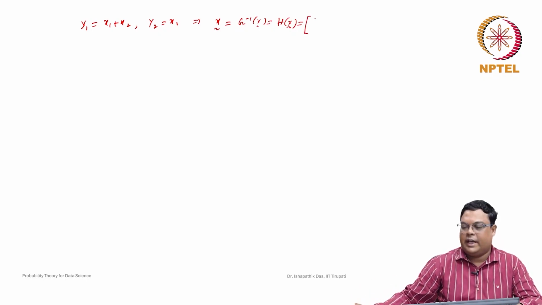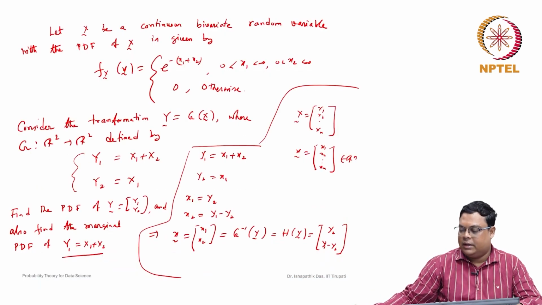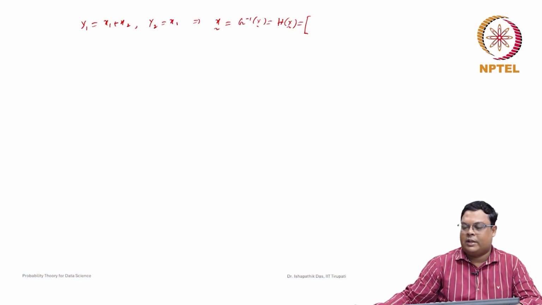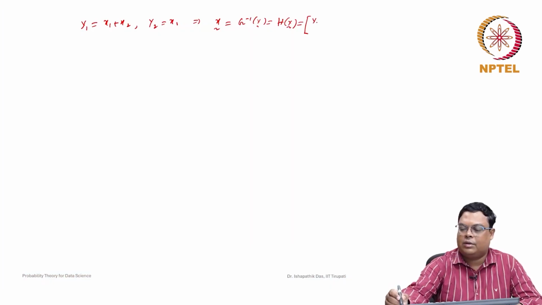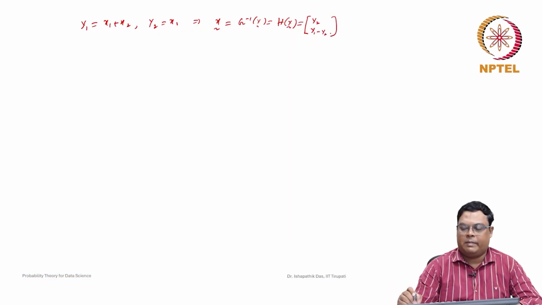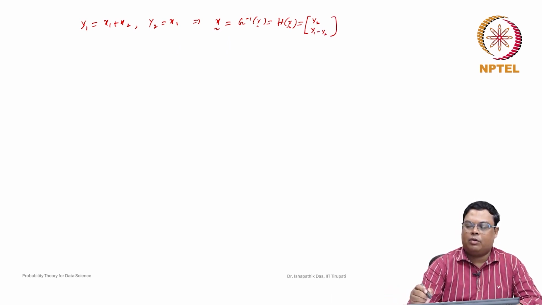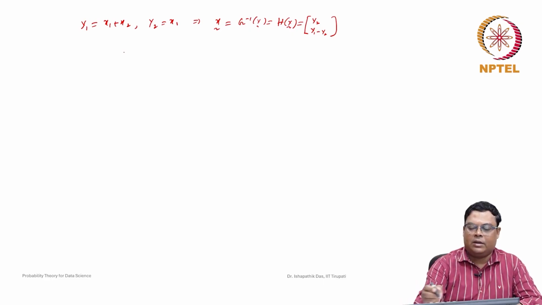What we found is h of y equals y2, y1 minus y2. So this is the inverse we found. Basically the inverse is given by x1 equal to y2 and x2 equal to y1 minus y2.